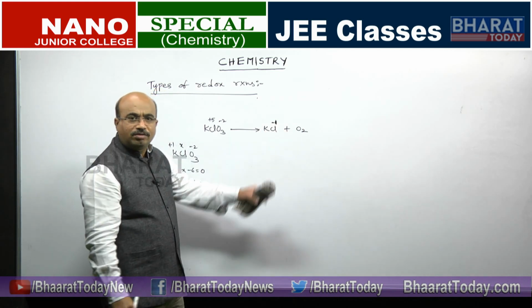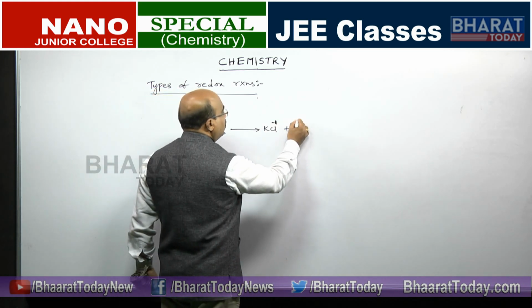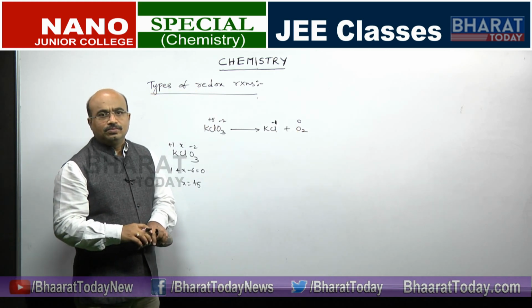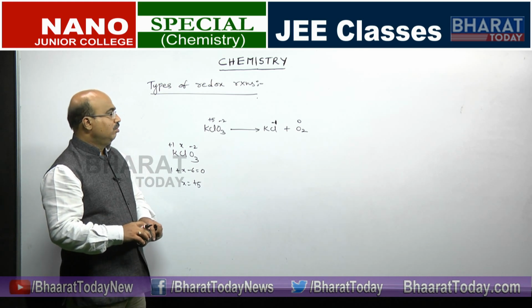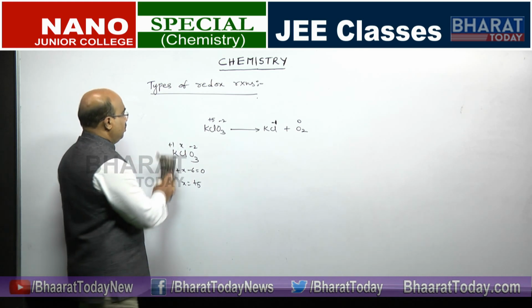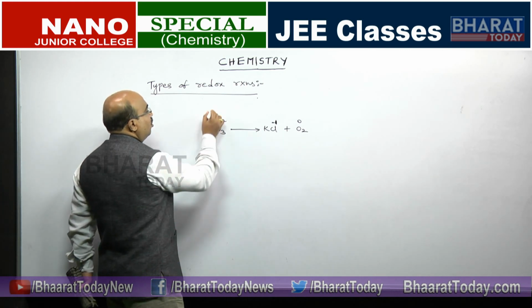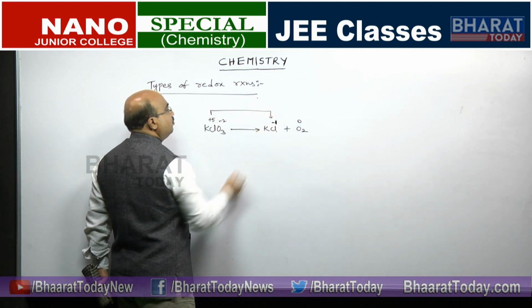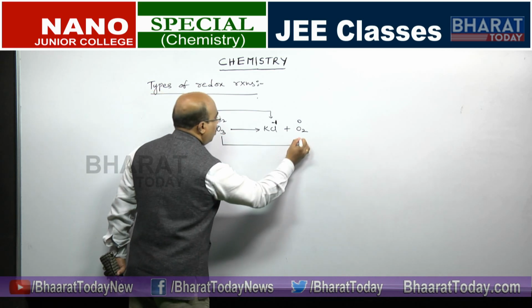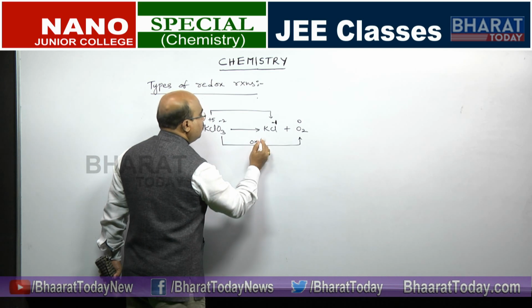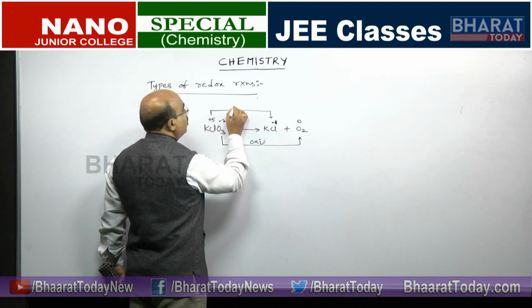The oxidation state of oxygen here is 0, because it is in the elementary state. Clear? So, what is happening in this equation? In this reaction, there is a decrease and an increase. Chlorine is undergoing reduction, oxygen is undergoing oxidation. So, you can say this is oxidation, this you can say is reduction.